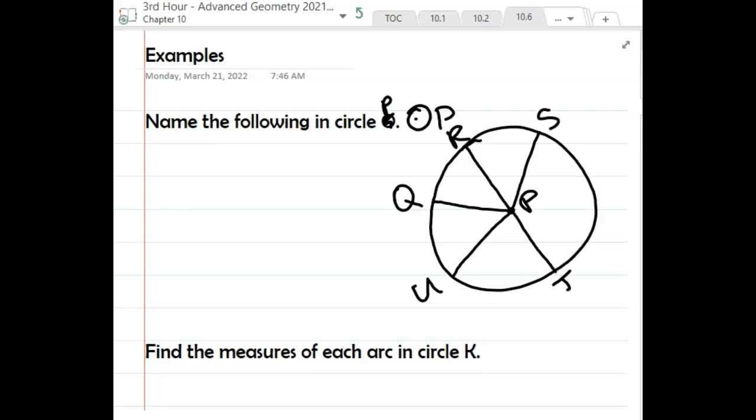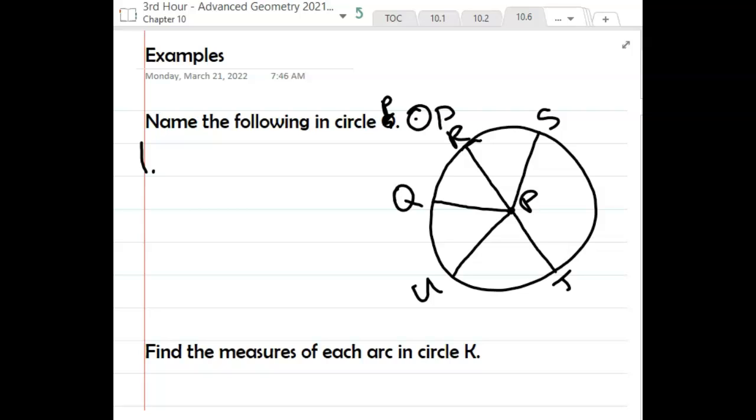So we're just going to practice how to name different types of arcs. What we're going to do here, in these directions, is going to be the same thing you are going to do in your homework. In your homework, just a warning, the directions say name all minor arcs. I tried to do that, and it never seemed to end.